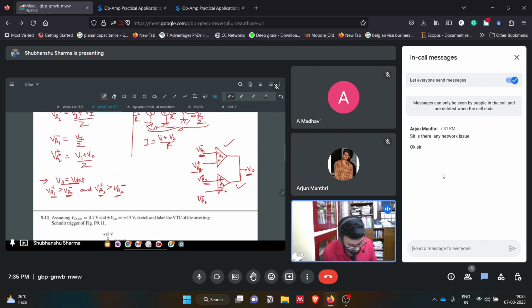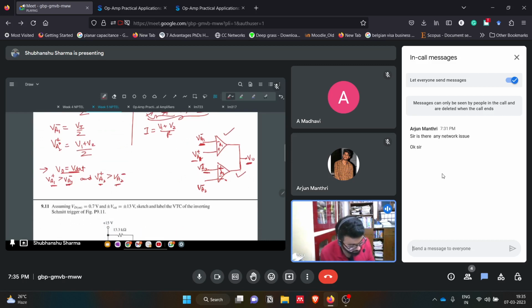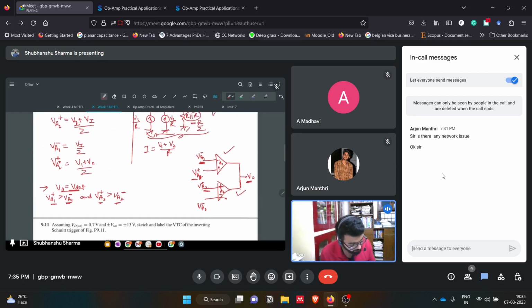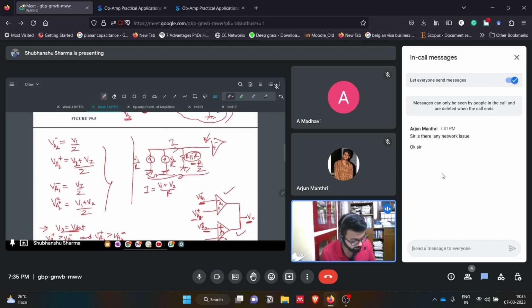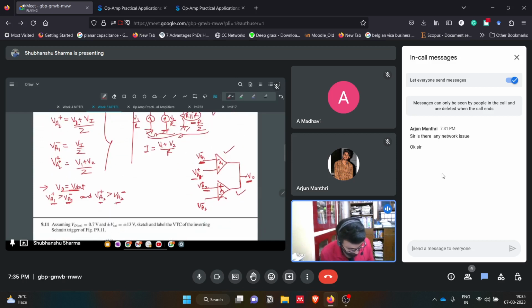So in that stage, substituting the values from these four equations we derived, we get V1 plus V2 by 2 greater than VI by 2, and VI plus V2 by 2 greater than V1 by 2.